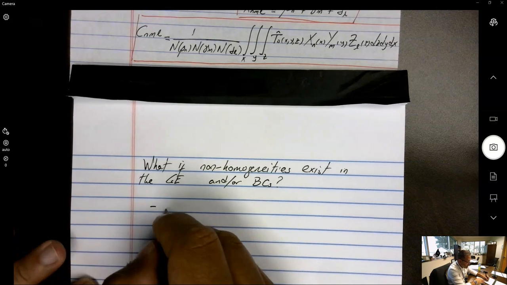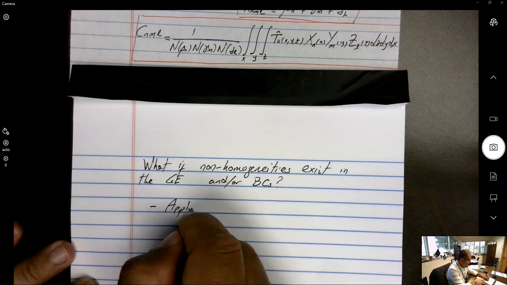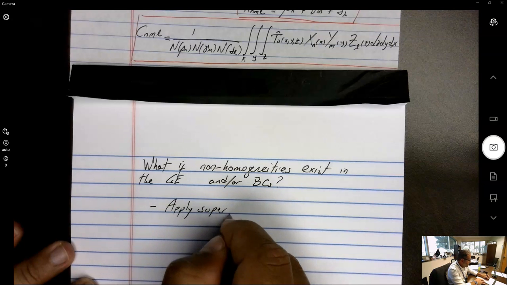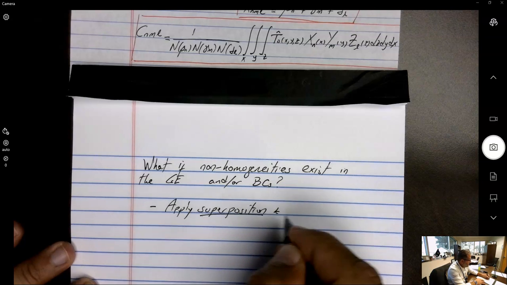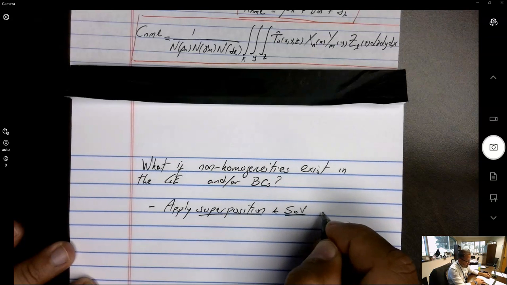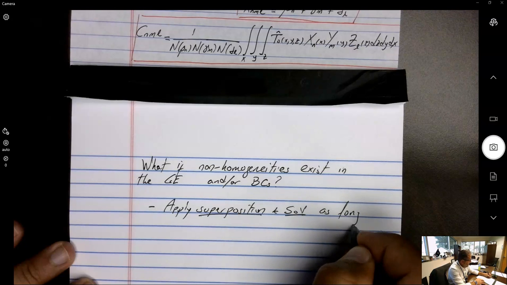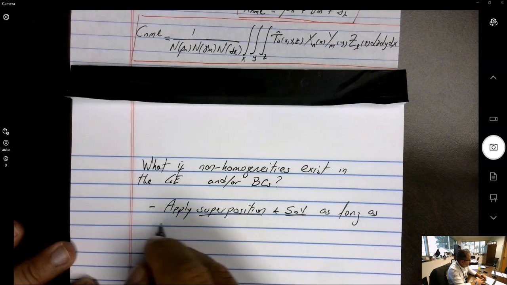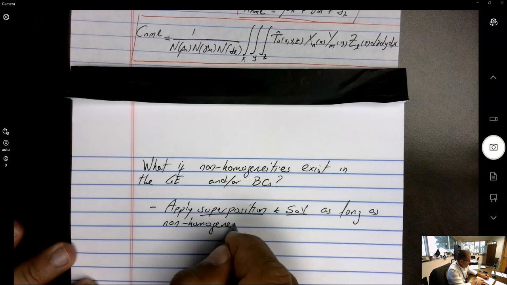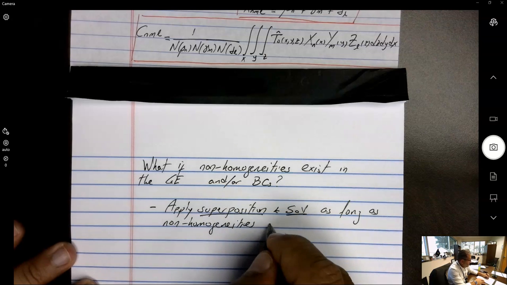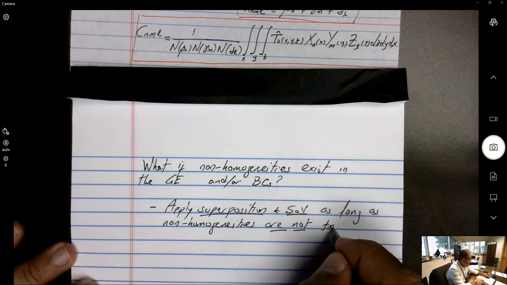So what we do is the same thing we did before. Apply superposition and separation of variables as long as the non-homogeneities are not time dependent.